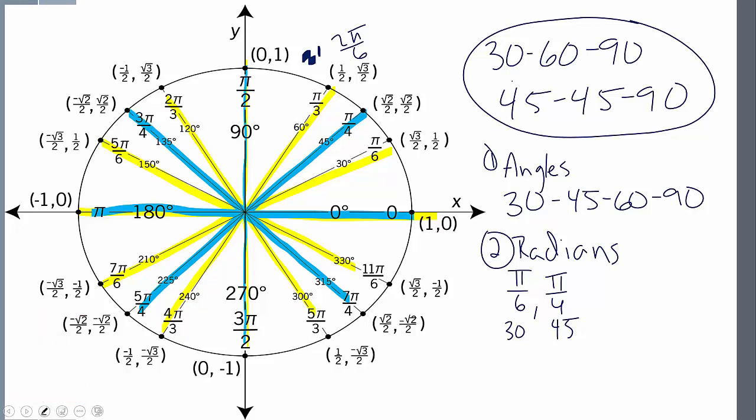The next piece is going to be the sine and cosine values. The way that we need to look at it is the cosine value is the x value, and the sine value is the y value.